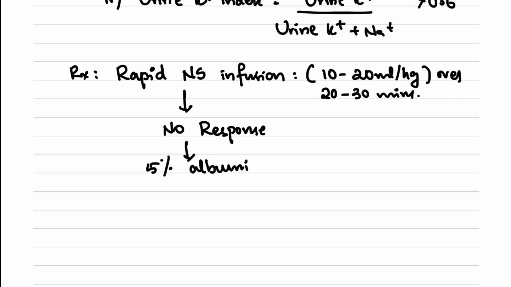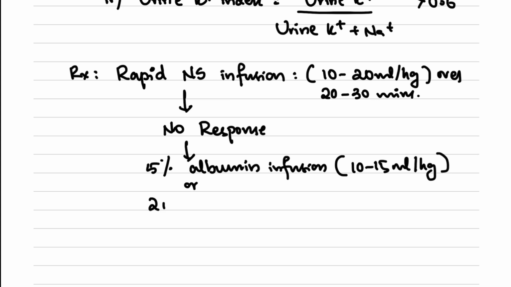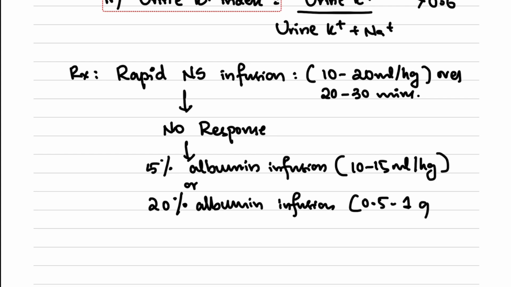Usually we'll start with 5% albumin infusion for up to 10 to 15 ml per kg, or we can switch to 20% albumin infusion, and this we can give up to 0.5 to 1 gram per kg.